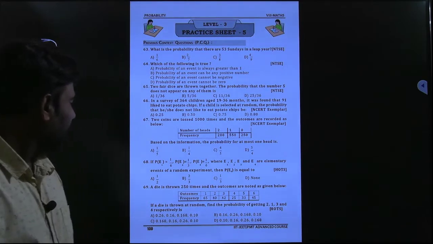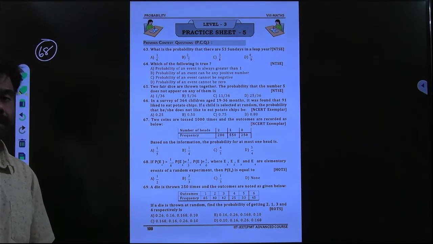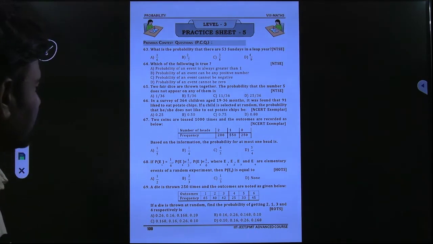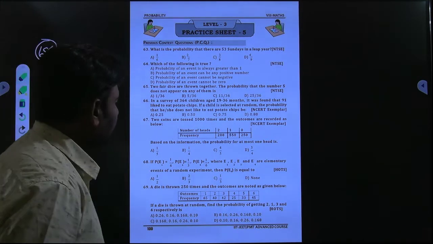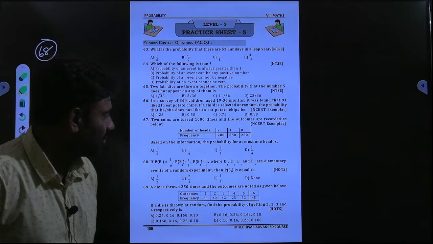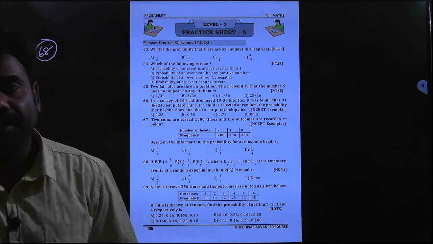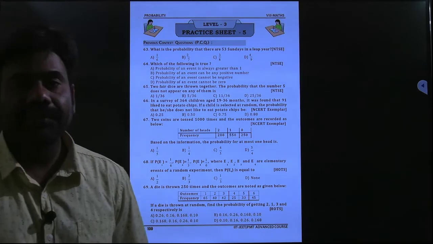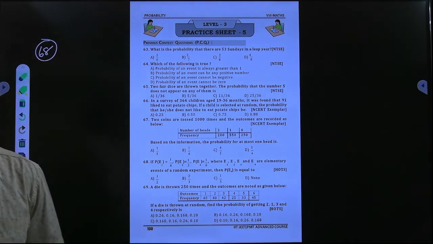If P of E1 is equal to 1 by 6, P of E2 is equal to 1 by 3, P of E3 is equal to 1 by 6, where E1, E2, E3 and E4 are elementary events of a random experiment, then P of E4 is equal to what? We know that the sum of the probabilities of all elementary events must be equal to 1.